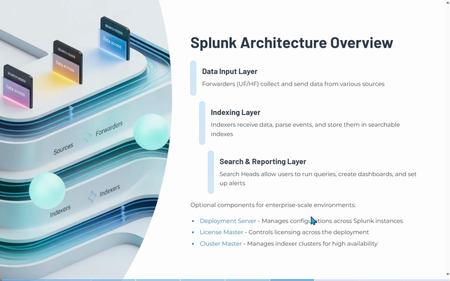The indexing layer: the indexer receives the data, parses the events, and stores them in searchable indexes. And the search and reporting layer: the search head allows users to run queries, create dashboards, and set up alerts.